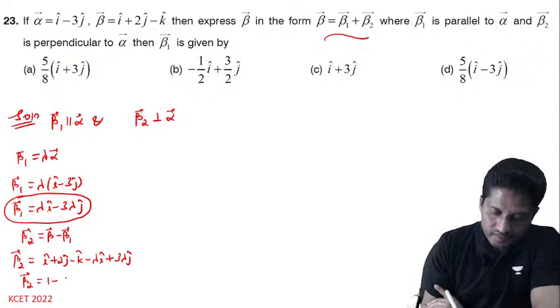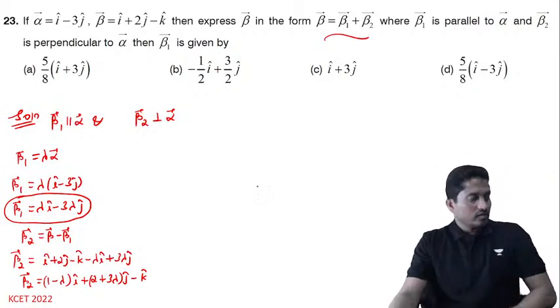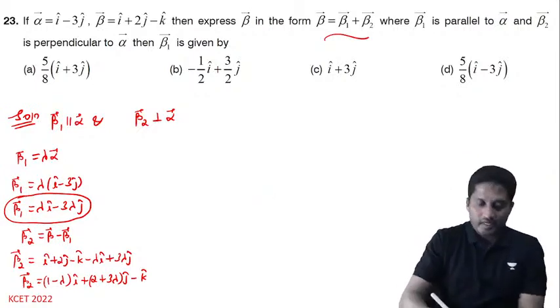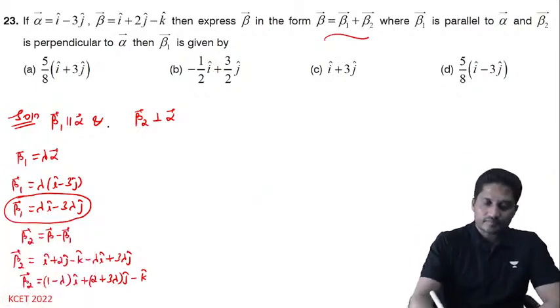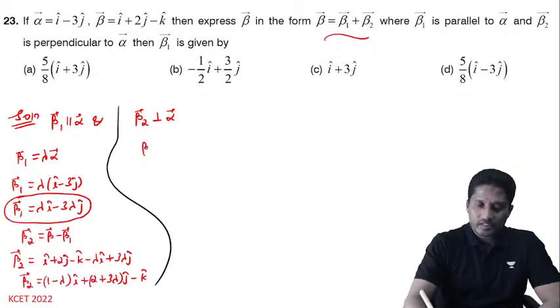So this is 1 minus lambda into i, 2 plus 3 lambda into j, and then minus k. This is beta 2. Now according to the question, beta 2 dot with alpha is 0, right? Call it equation 1.